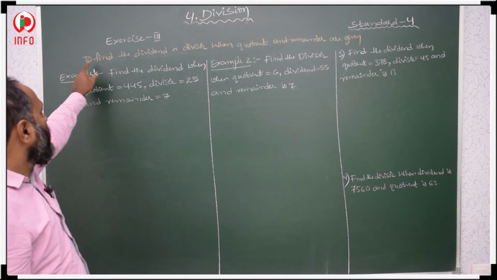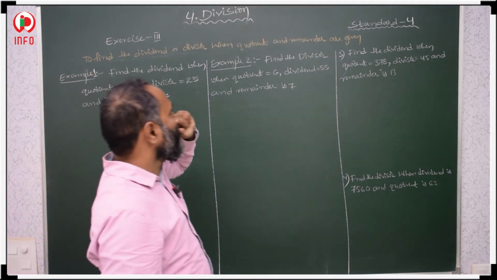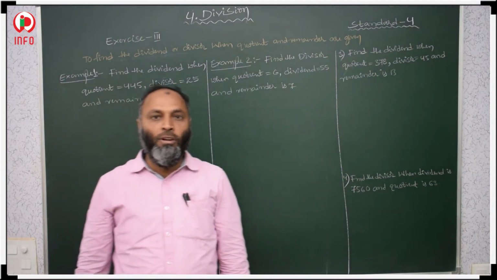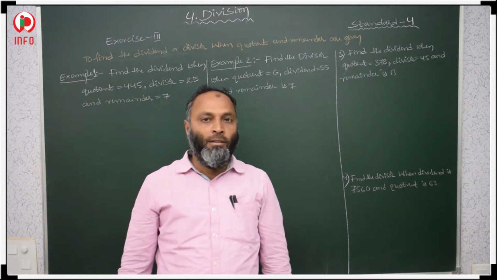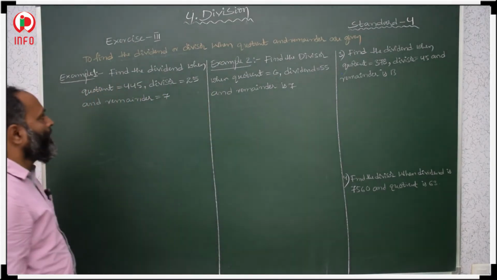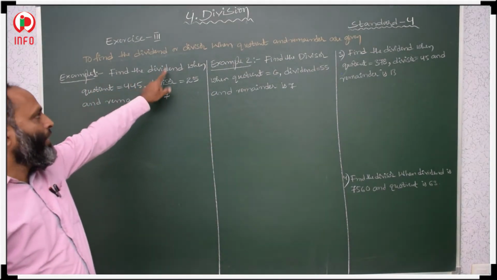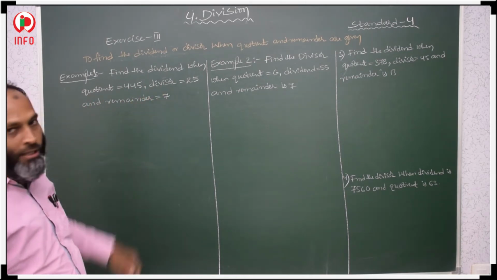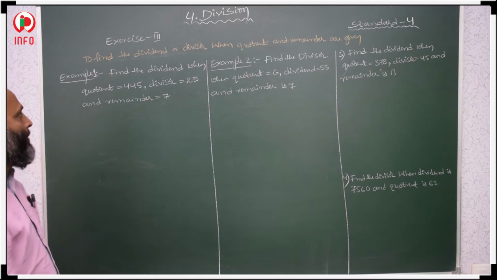Next, to find the dividend and divisor when quotient and remainder are given. How to find the dividend and divisor? Here one example question is given. Find the dividend, when the quotient, divisor and remainder are given. So directly we have a formula.